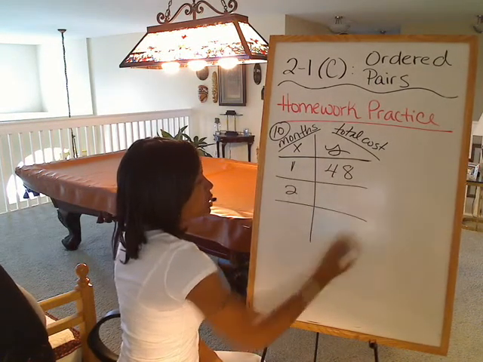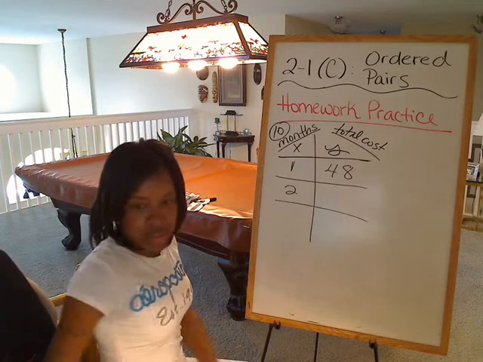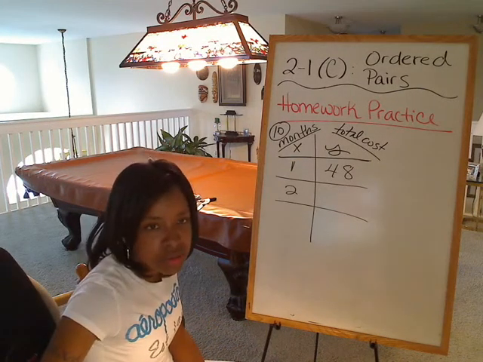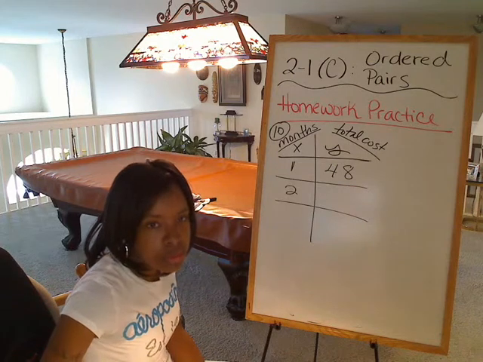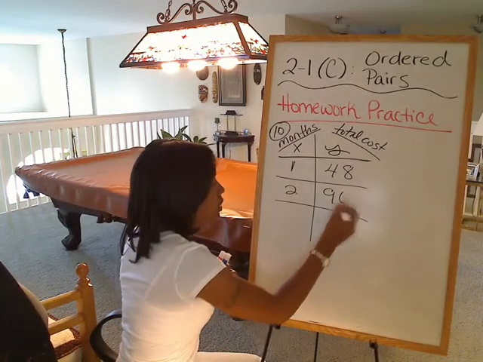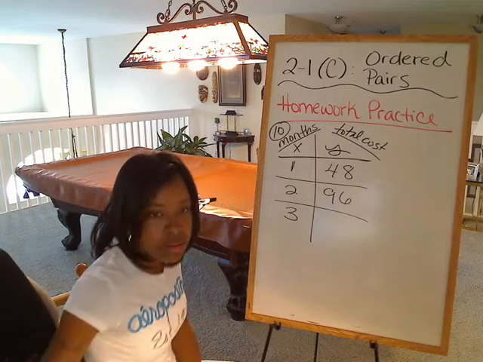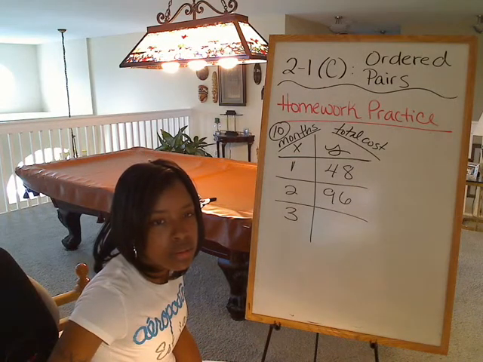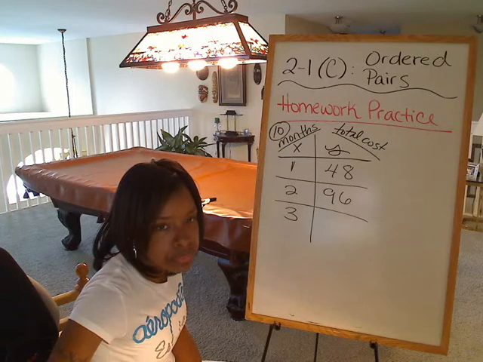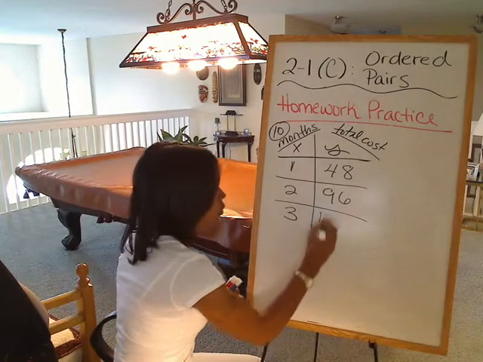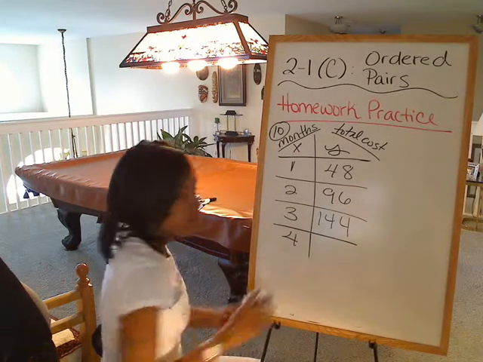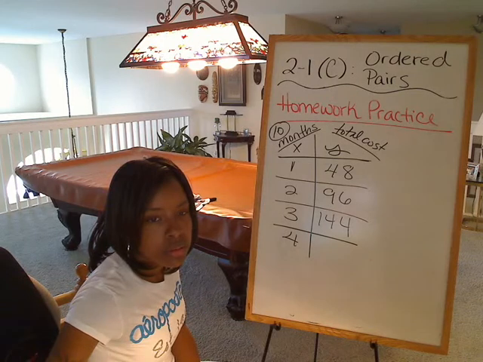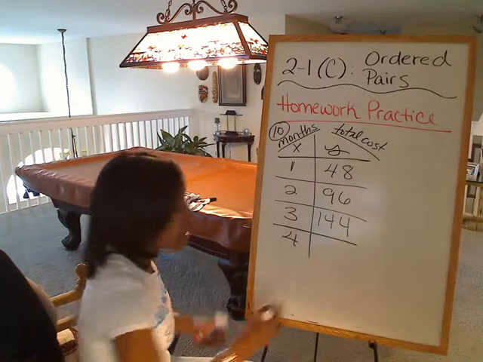If you had to pay for 2 months, it's $48 a month, so you know it's 48 times 2 months. $96. 3 months, $144. 4 months, $192.